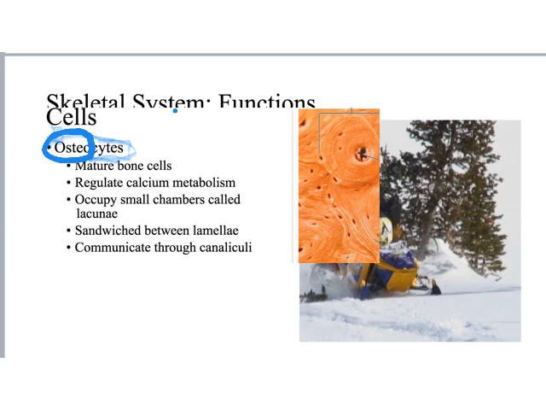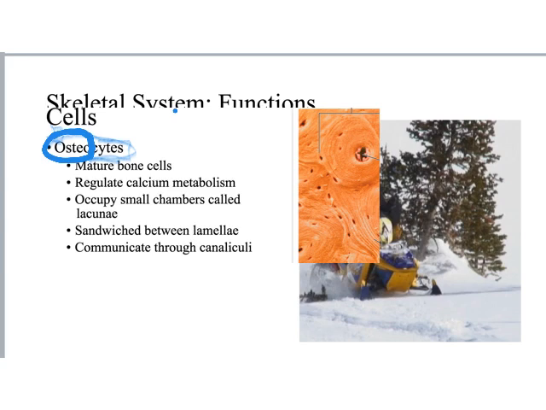These are what we would call mature bone cells, meaning these are the ones that are done developing, and their job at this point is really to help regulate calcium metabolism, help keep the calcium levels where they're supposed to be. So they're going to respond to some hormones that we'll talk about later and help regulate calcium metabolism.